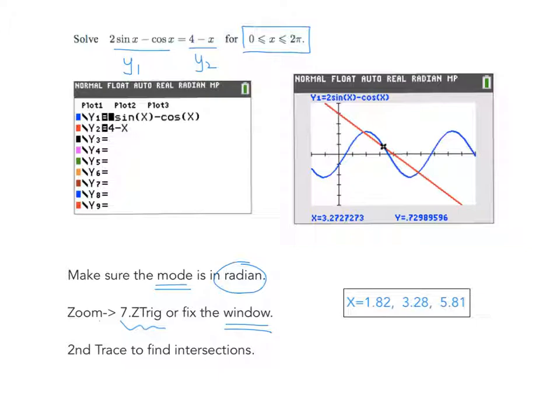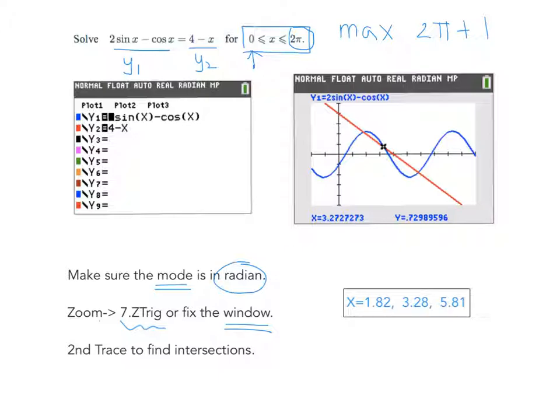In that case, what I would do is look at the domain and notice it goes from 0 to 2 pi, so your minimum has to be a little bit less than 0. So I would plug in -1 or -2. For the maximum, you can put 2 pi plus 1 or 2, so I would plug in 2 pi plus 1.